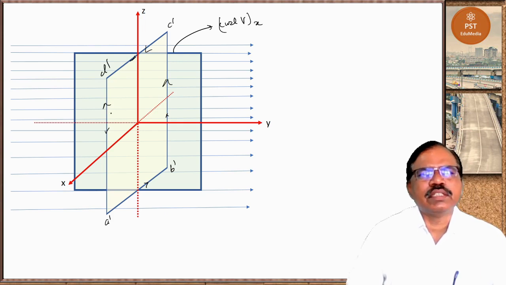And from this you will get the component of curl that is parallel to the y-axis.